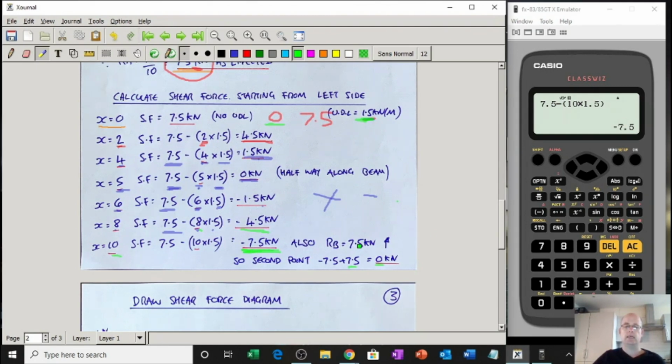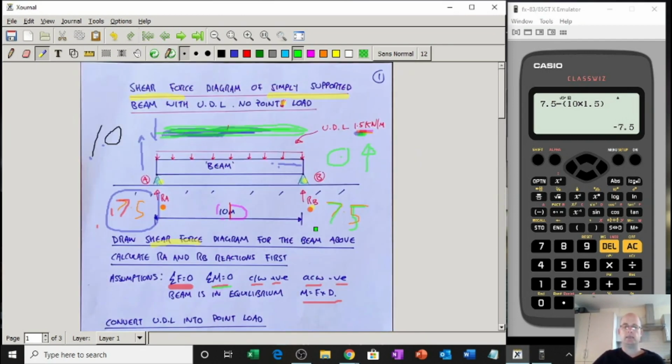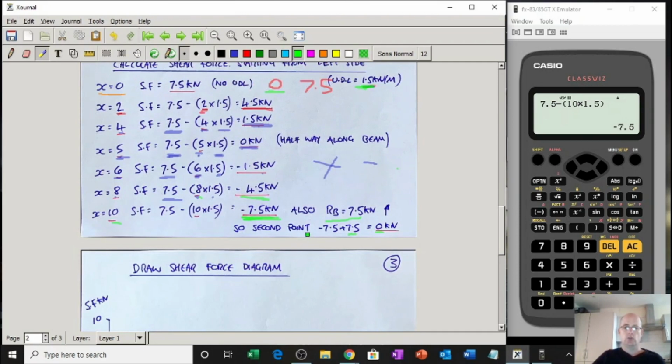And then I've got this reaction RB kicking in, coming up, 7.5. So then we've got minus 7.5, because there's my minus 7.5, and we've got this plus 7.5 coming in. So that will bring us back to 0. Nice and easy.